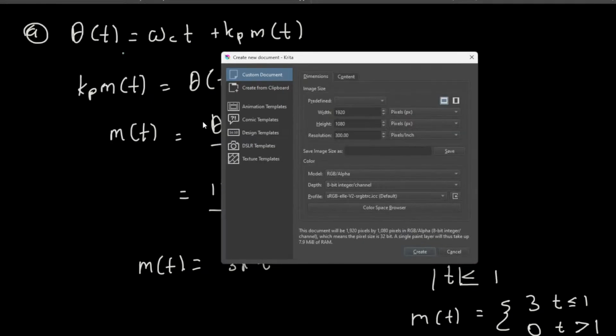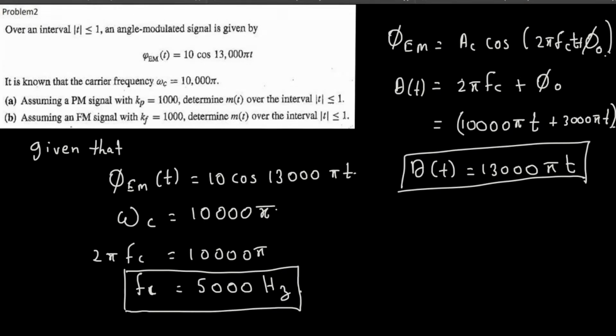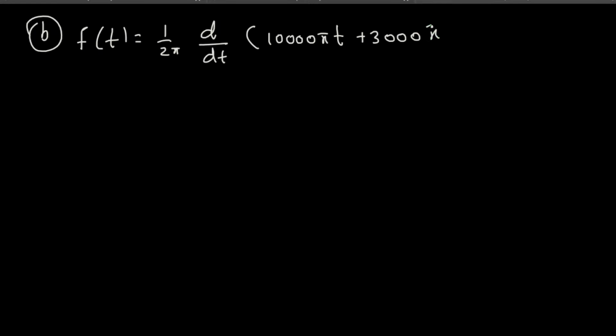Now let's look at Part B. In Part B we are dealing with the FM signal and kf is provided. We have to find out m(t). Now for this one, if we solve for f(t), that is equal to 1 over 2 pi times the derivative of theta of t, that is 10,000 pi t plus 3,000 pi t.